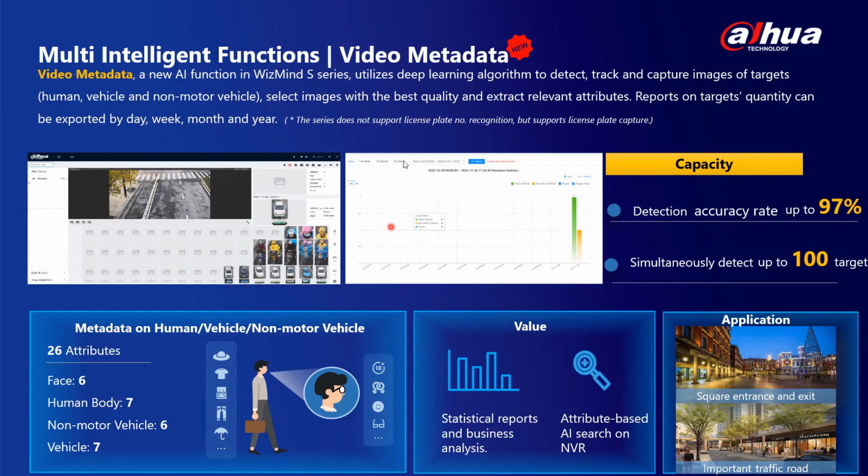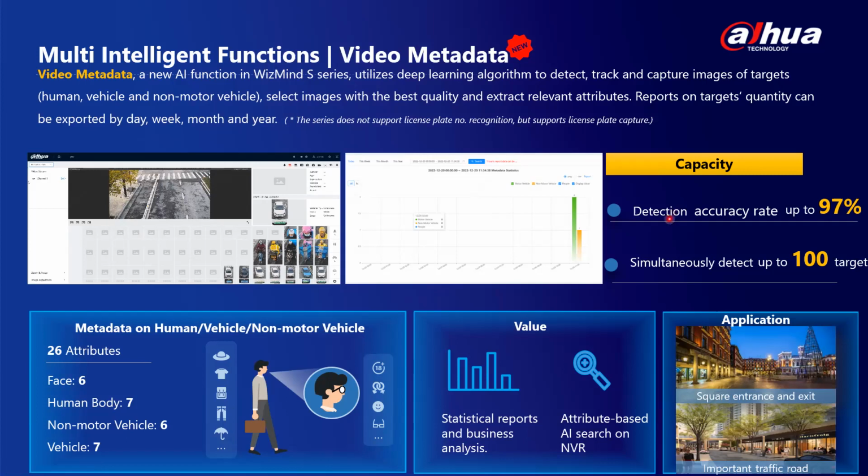On this other end, in this second thumbnail, you can see the types of reports that can be generated by the system itself. This kind of report can be extracted daily, weekly, monthly, or yearly, depending on the user's needs. The detection accuracy rate is up to 97%.